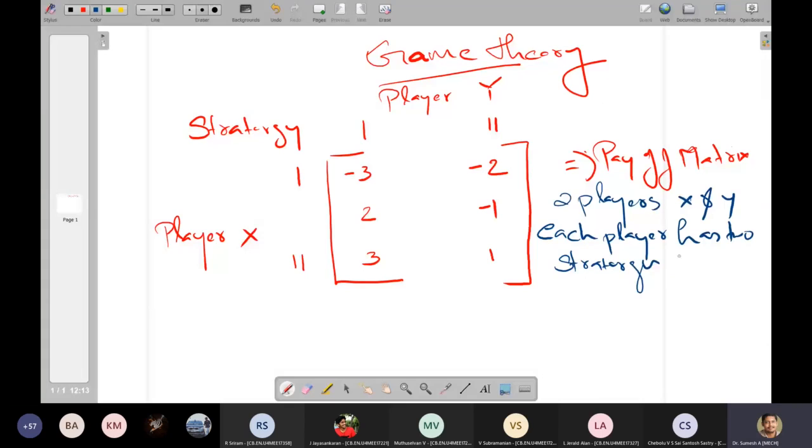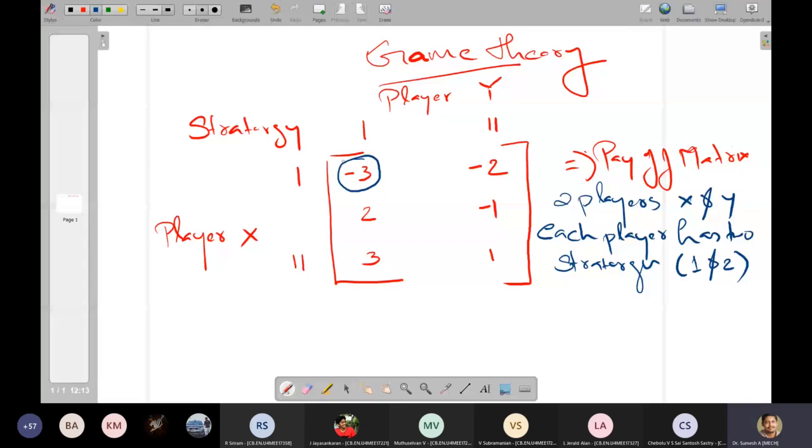Now what is the meaning of minus 3? If X is playing strategy 1 and Y also follows the same strategy 1, then X loses 3 points, which will be gained by player Y. If X plays strategy 1 and Y plays strategy 2, Y gains 2 points, X loses 2 points.